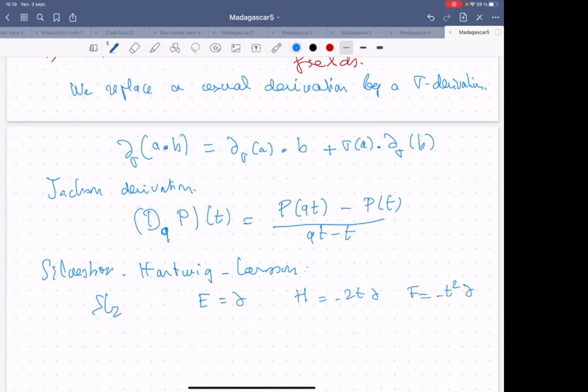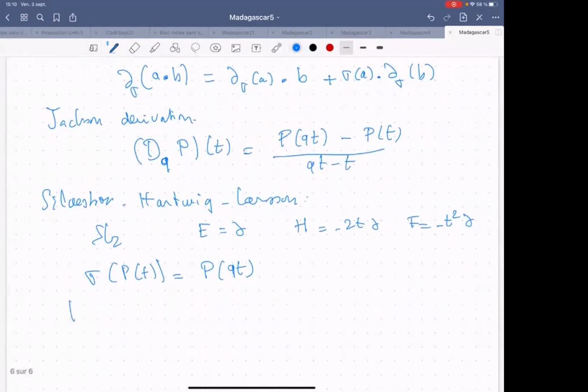Here, if you take sigma of a polynomial P(t) being P(qt), then this D_q becomes a sigma derivation.